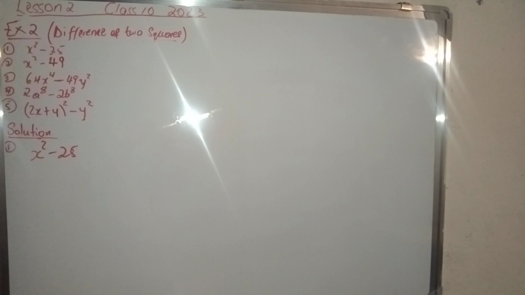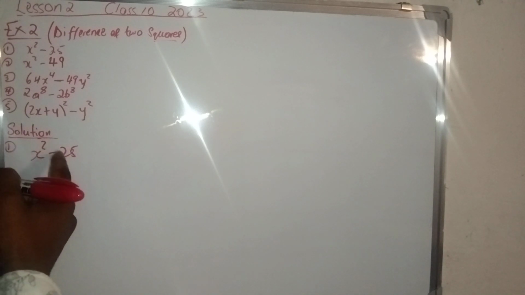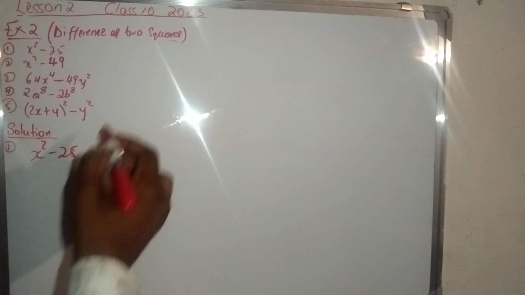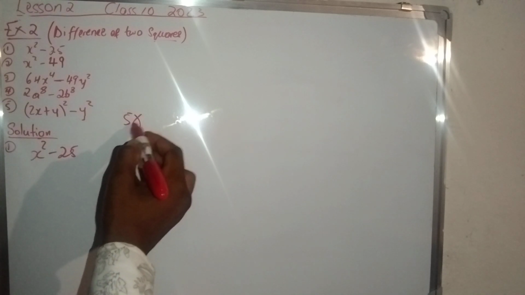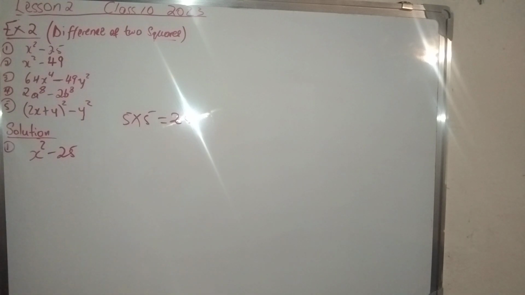That's the meaning of the difference of two squares. For example, what are the factors of 25? It should be 5 times 5, which is equal to 25.